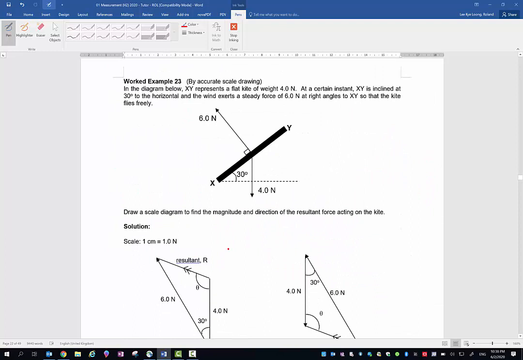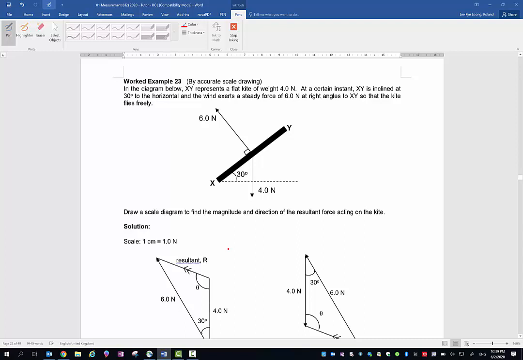So let's look at worked example 23. Because it is in the syllabus, we still have to show you how to do it by accurate scale diagram, although really in the past 15 years, since SARS in 2003 until now, I don't think there's any question on accurate scale drawing.